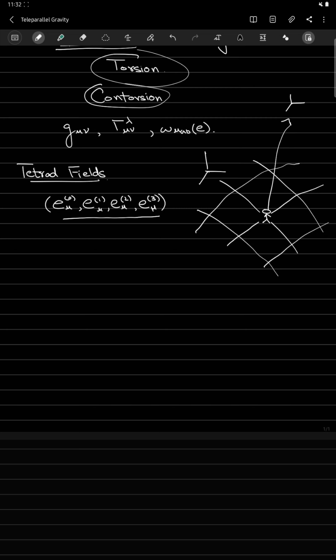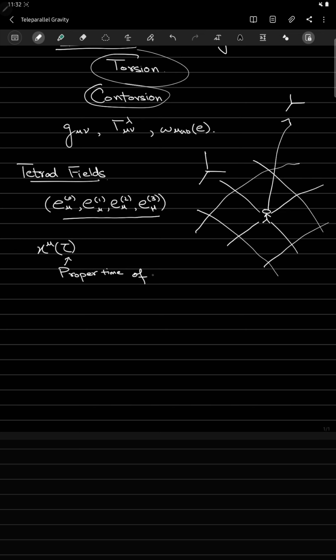Okay, nice. So this trajectory where this observer is moving is represented by the world line, which is x mu of tau, where this tau is the proper time. So let me write it down over here. It is the proper time of the observer, right?